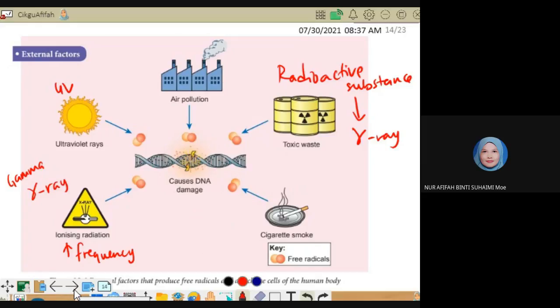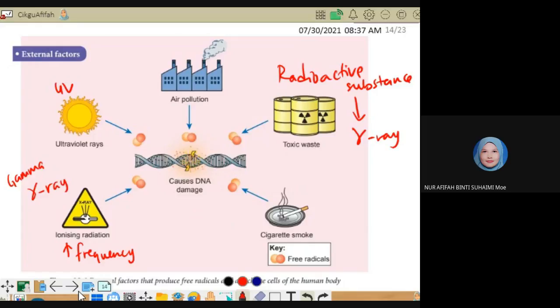Alright. That one is external factor. Nanti you kena tahulah what is internal factor, what is external factor that can produce free radical. Internal factor, metabolism and inflammation. External factor ada banyak.